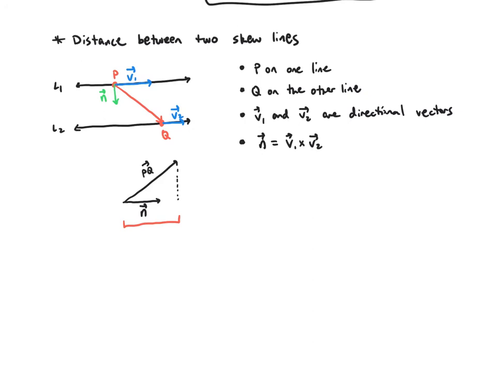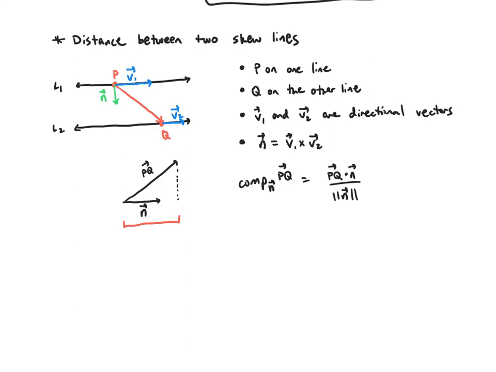Okay, so the distance here is going to be another scalar projection, the projection of PQ onto n. Again, same as what we had in the very first definition, where it was the dot product between the two divided by the magnitude of n.